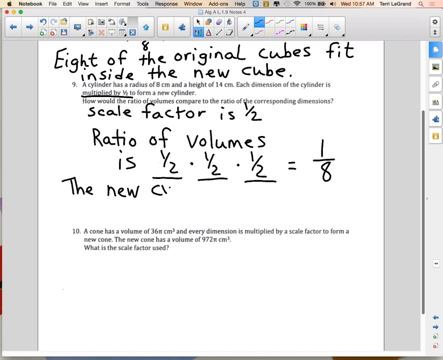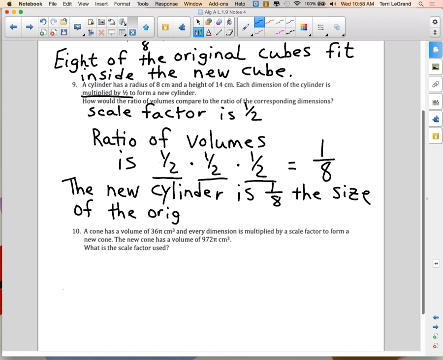The new cylinder is 1/8 the size of the original. The new cylinder is 1/8 the size of the original cylinder.